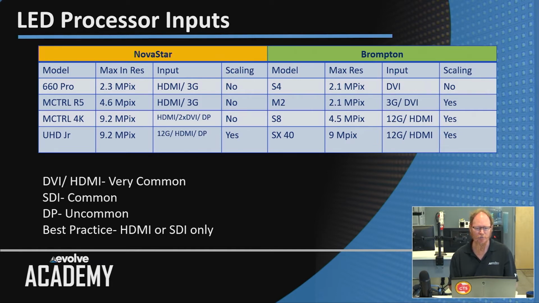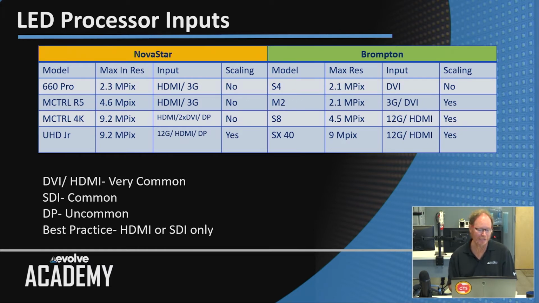Most LED processing has either an HDMI, which will take a DVI signal via an adapter, or a DVI plug itself. SDI, 3Gs, 12Gs, 12Gs, 3Gs. Lots of these have SDI inputs of either 3, 6, or 12G. Perfect. DisplayPort. Out of all of these processors, only the MCTRL 4K and UHD Junior have a DisplayPort in.